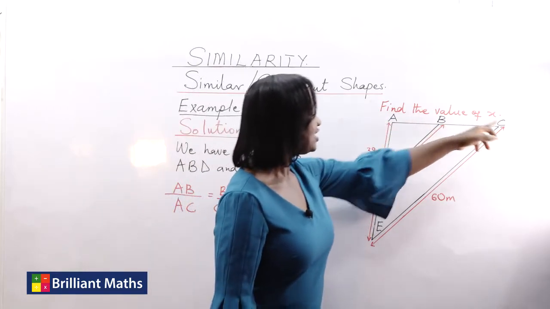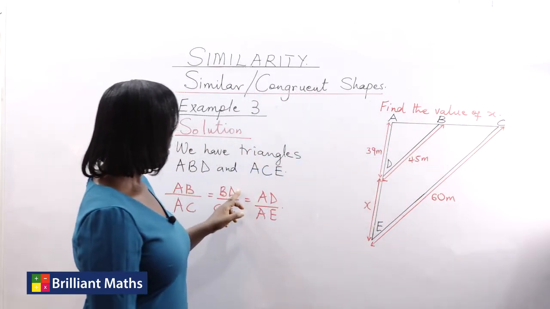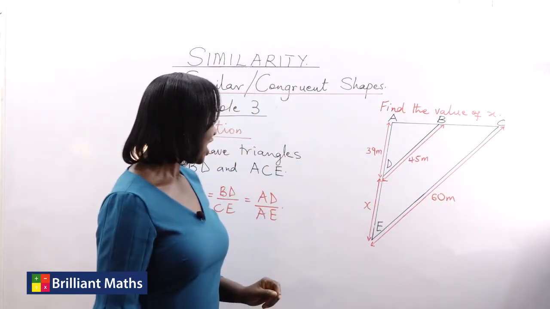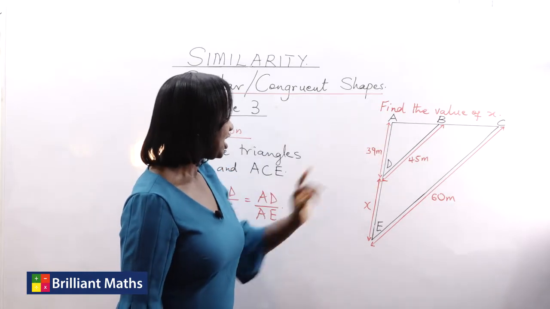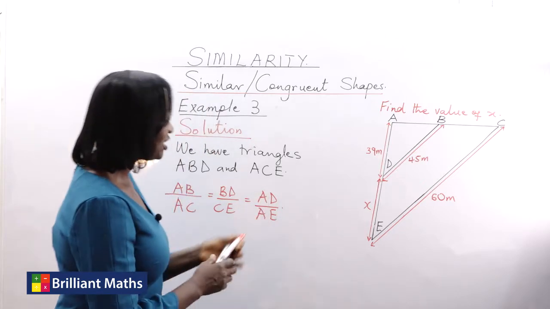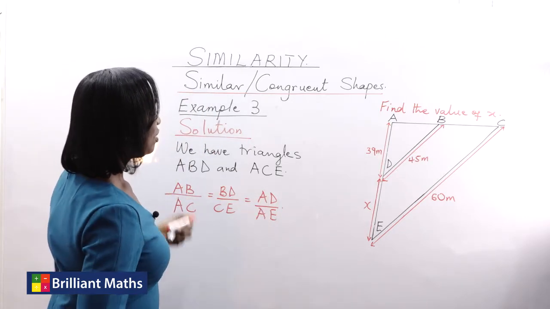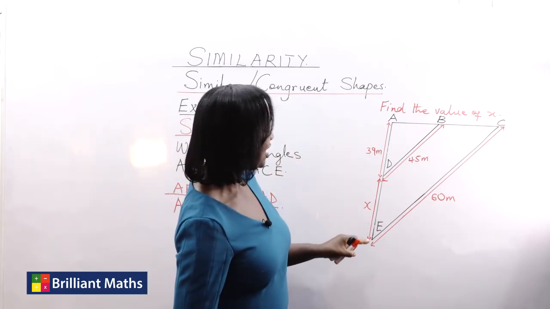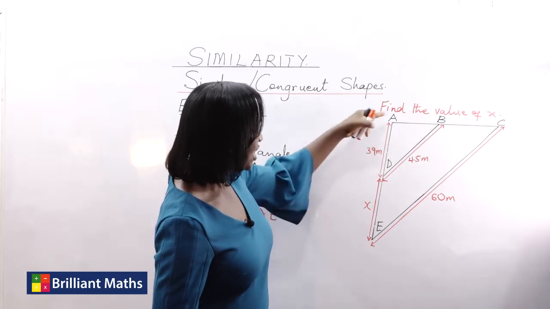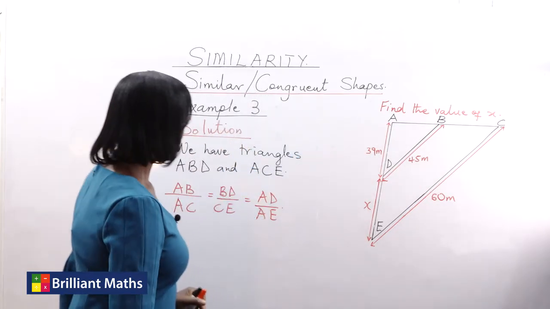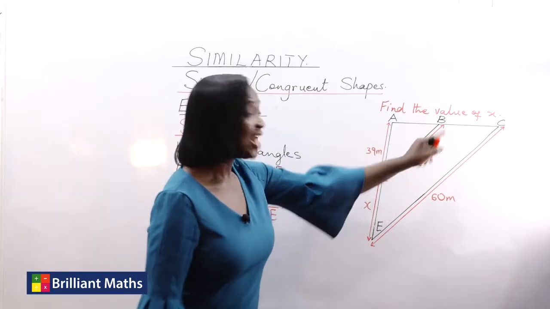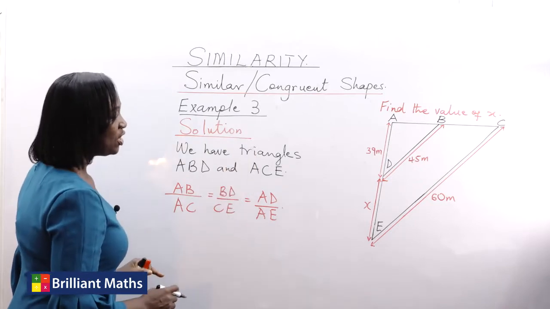So AB over AC is equal to BD over CE, and that's also equal to AD over AE. So let's see the dimensions that we are given. We need to find x, so we are finding DE. So we need this set of ratios. We need the AD and the AE, and we were given BD and CE. So we're going to focus on those.